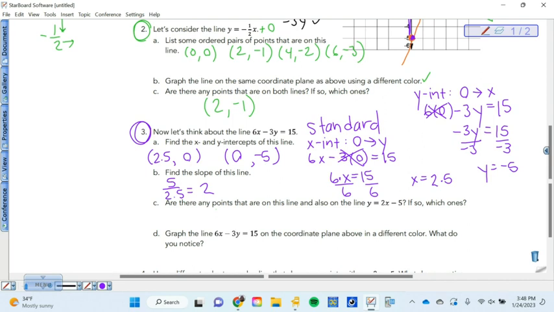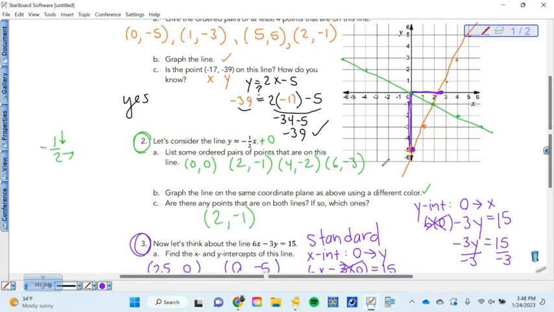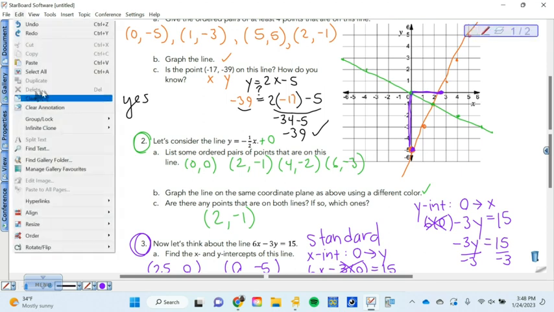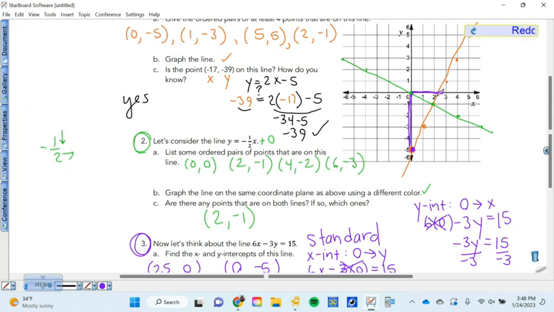And now what it is asking me, I'm going to draw in this line between my x and my y-intercept. Now, that's really terrible, but whatever, that's okay. Purple line and the orange line, do they share any points?